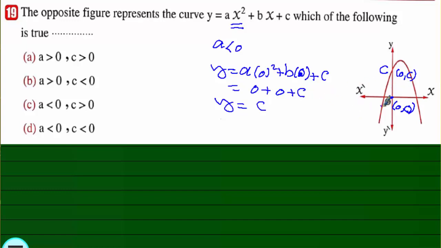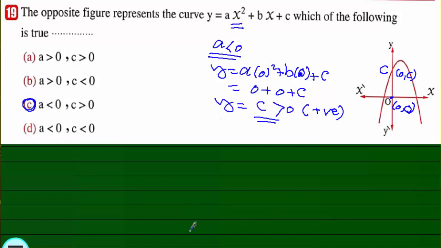Okay, so c is greater than 0, which means it is a positive value. So we'll choose this: a is less than 0 and c is greater than 0. And this is in letter C.